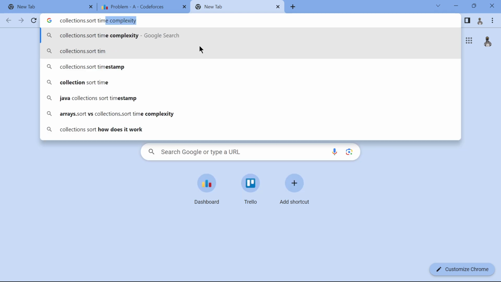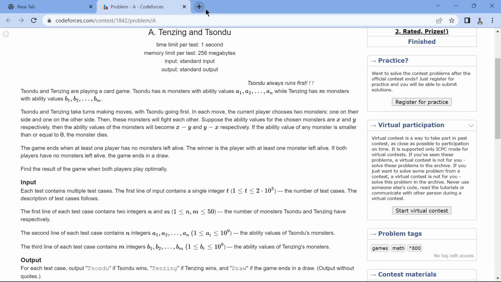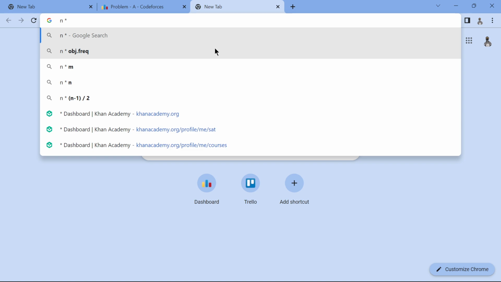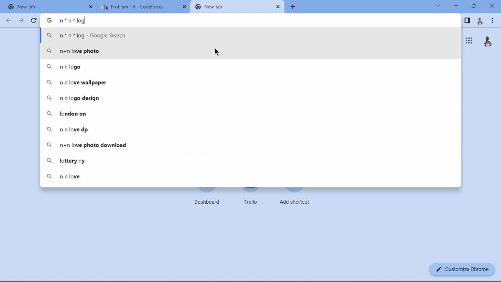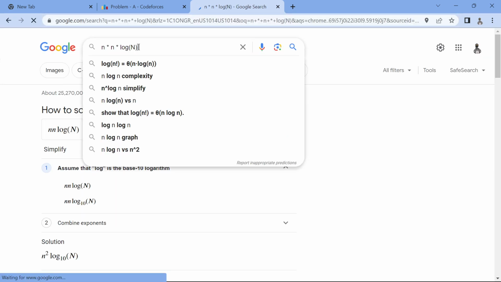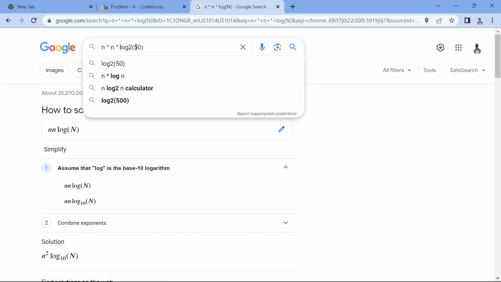Time complexity: it runs in n log n time. And we can do this around n times, a bunch of times, without exceeding the time limit. So 50... sorry, I'm just doing some quick calculations.